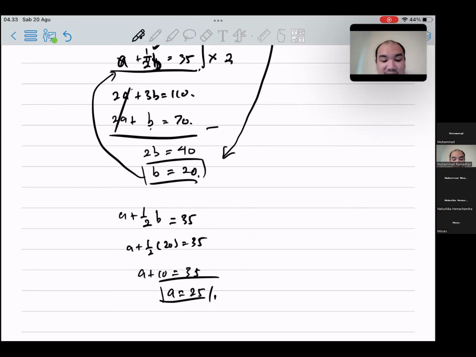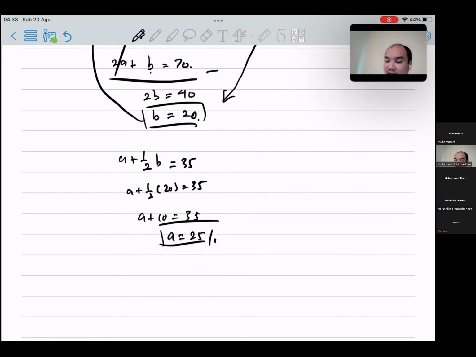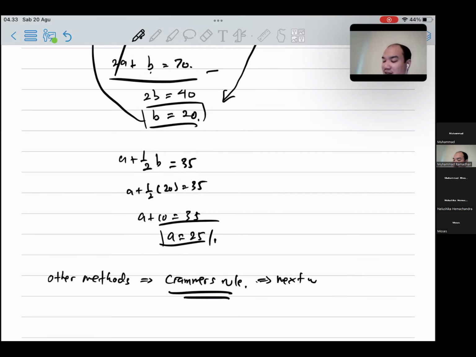Okay, this is how to solve a system of linear equations. Is there another method? Yes, we have Cramer's rule, which is famous in economics, and we will explain this next week because it uses matrix form.